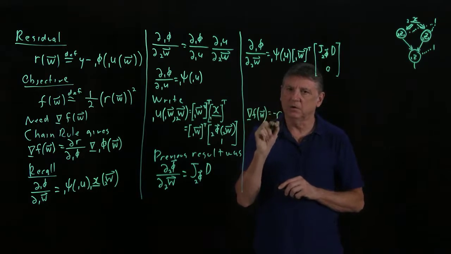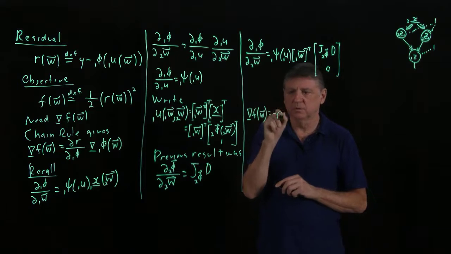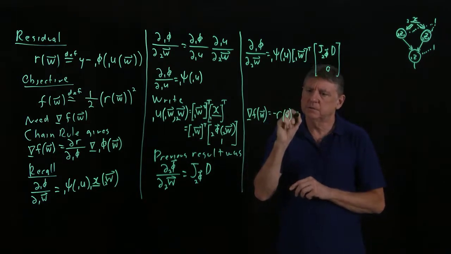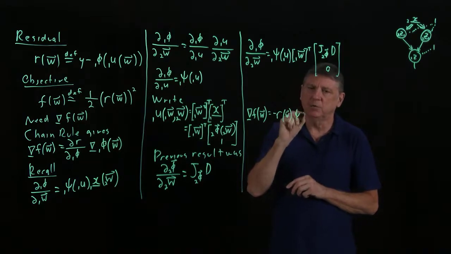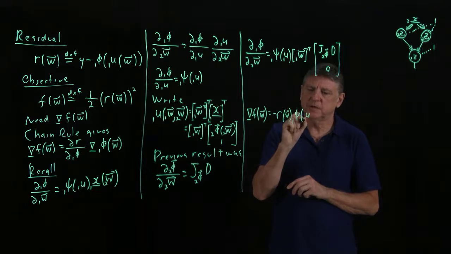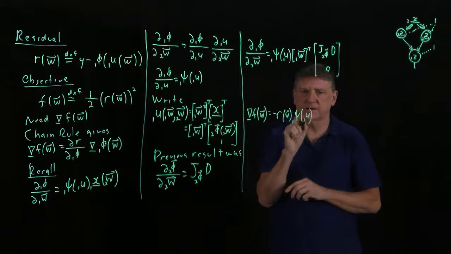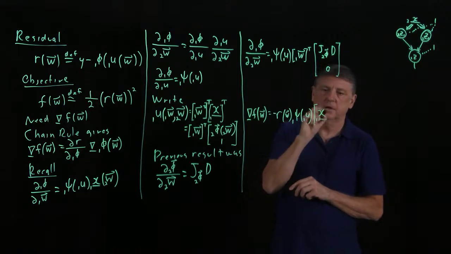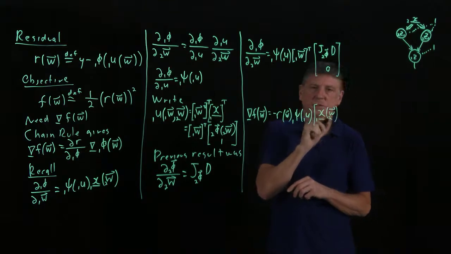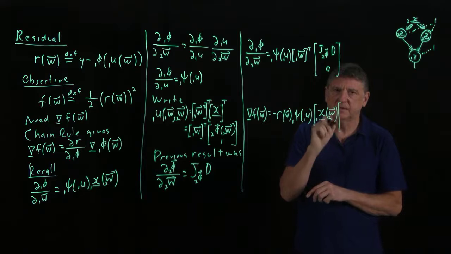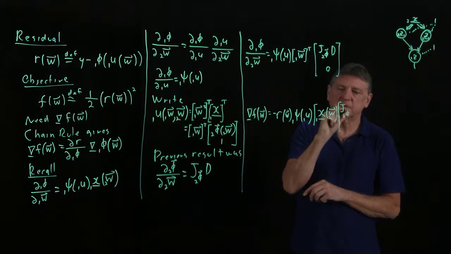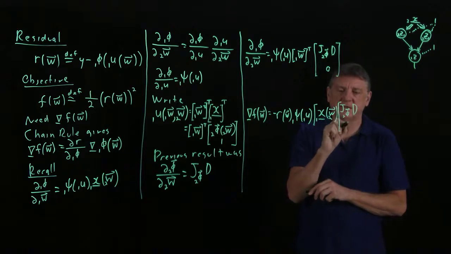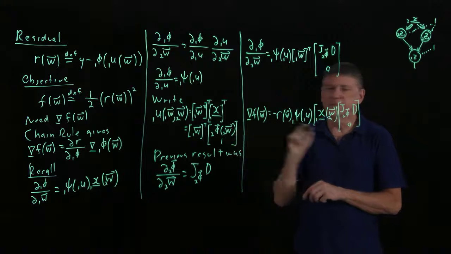We take minus r, as a function of w, times the rate of change of the output activation function with respect to the hidden layer's linear product, times we take the input to layer 1, that is a function of all of the weights in layer 2, and then we multiply that by the Jacobian matrix for the outputs of the hidden layer times the block diagonal matrix, append a 0 to account for the differentiation of the bias term.